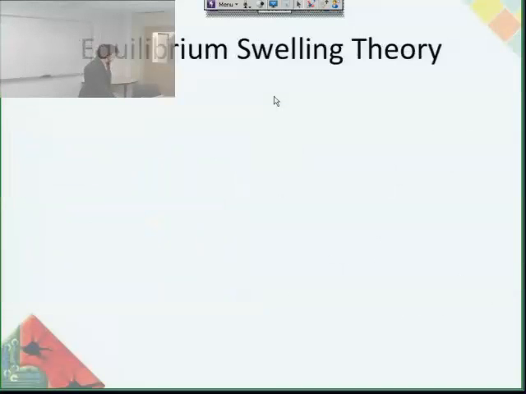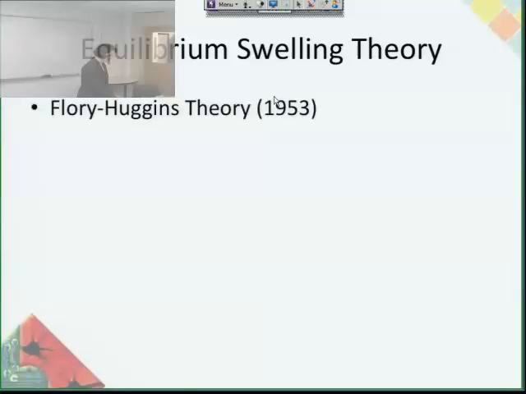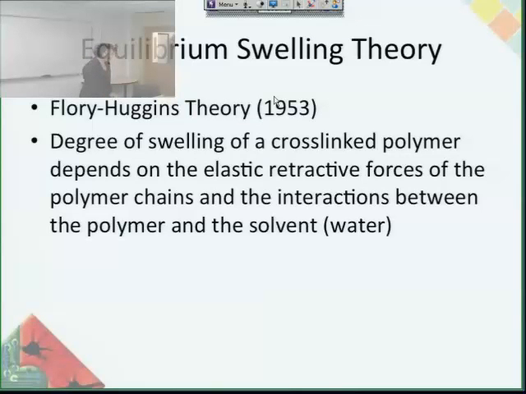So equilibrium swelling theory is what's used to derive this equation. It's kind of complicated. I'm not going to go through the entire derivation, but I'm going to just show how it works. So the Flory-Huggins theory was developed in 1953, and it just states that the degree of swelling of a cross-linked polymer is dependent on the elastic retractive force because of those cross-links in the polymer network.